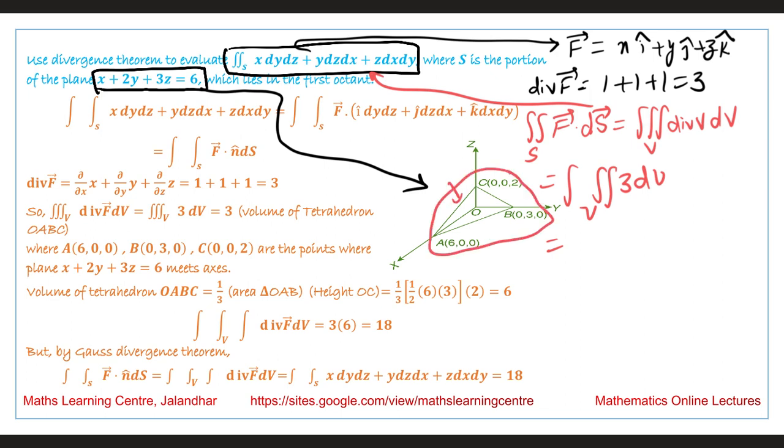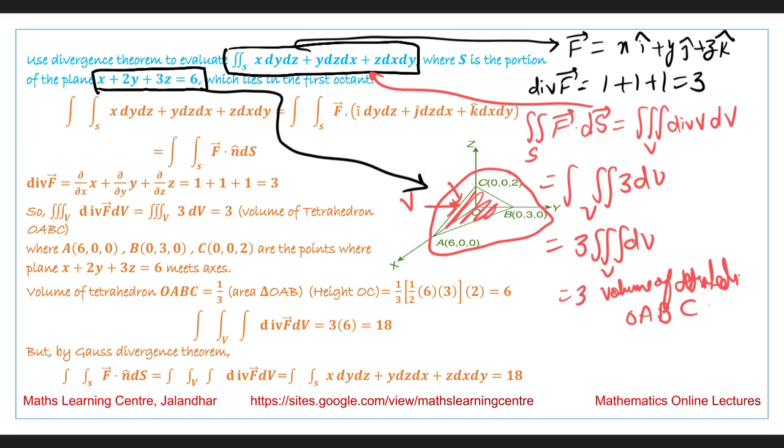We have this plane and this is the closed volume that we have, and the volume of this figure is given by 3 times the triple integration of dv over V, which is equal to 3 times the volume of the tetrahedron OABC, and these are the coordinates that we have.